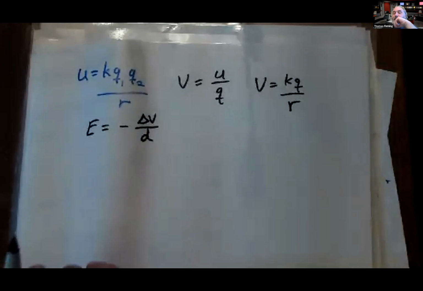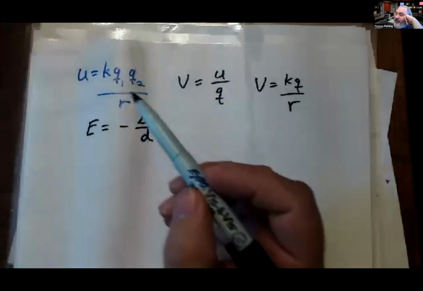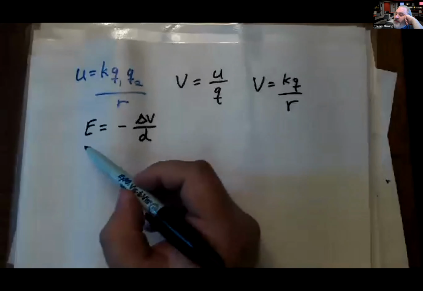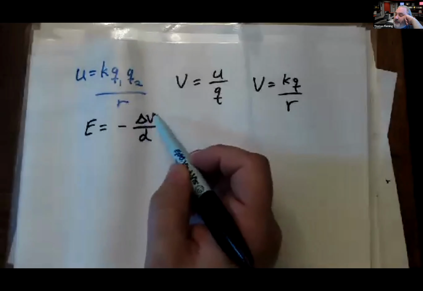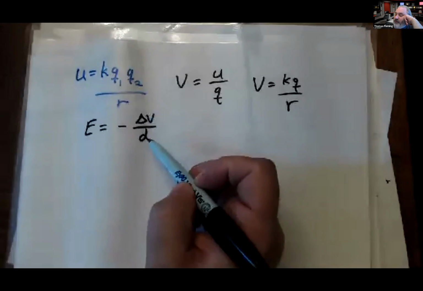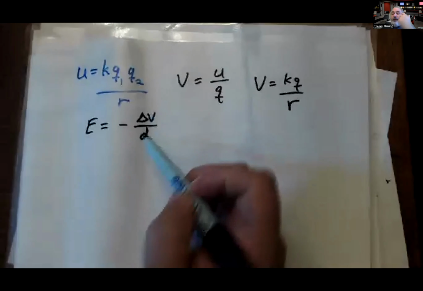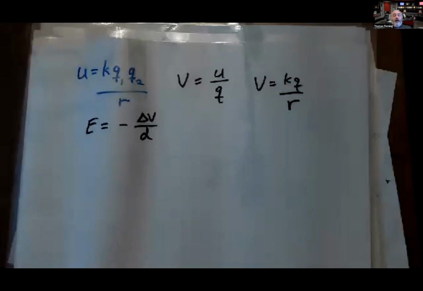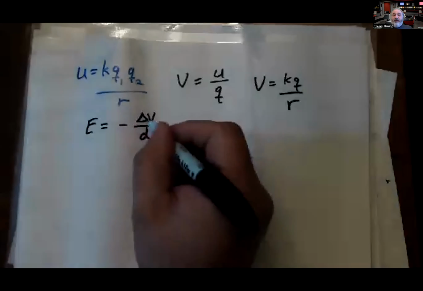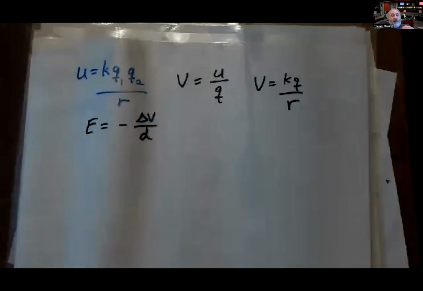I want to talk a little bit before we move on about how to interpret this. The thing that you should be looking at is that the electric field is given by the change in potential over the distance. So if you have an electric potential that's changing from place to place, if you move in a certain direction and you find that the electric potential V has changed by a certain amount, the more that amount is, the larger the electric field.